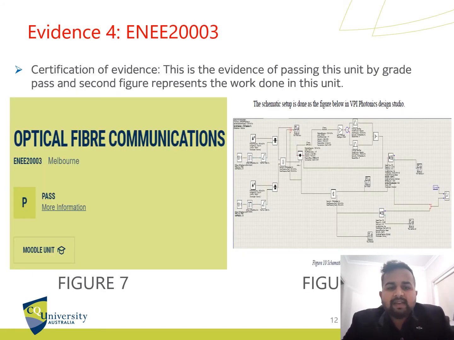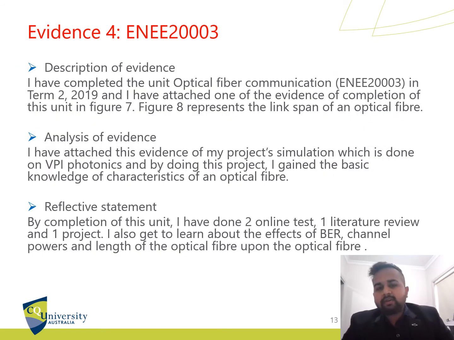Talking about the next evidence, that is the evidence of passing the Optical Fiber Communication unit with grade B, and the second figure represents the work done in this unit. I completed this unit, Optical Fiber Communication, in term 2 2019, and I have attached one piece of evidence of completion of this unit in figure 7, and figure 8 represents the link span of an optical fiber.